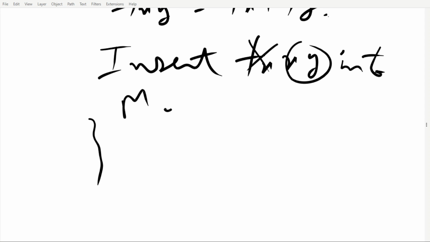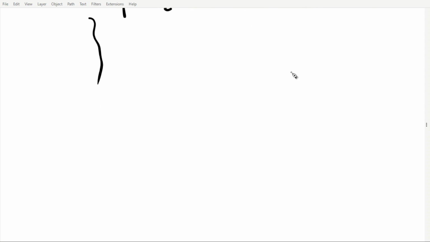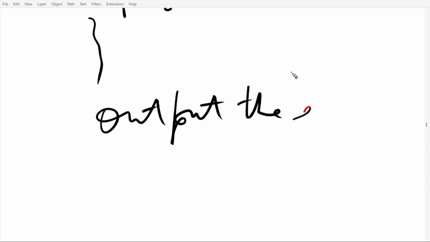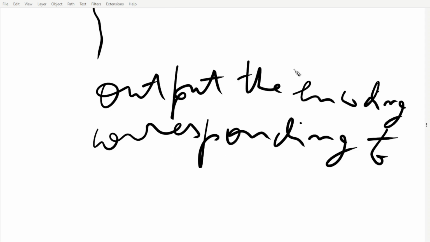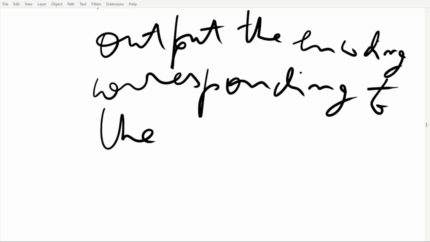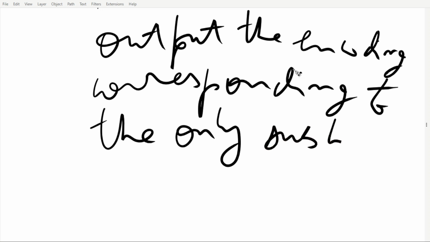At that point we stop and we get the corresponding encoding. So when we stop, we output the encoding corresponding to the only subtree remaining, or better we call it the final subtree.